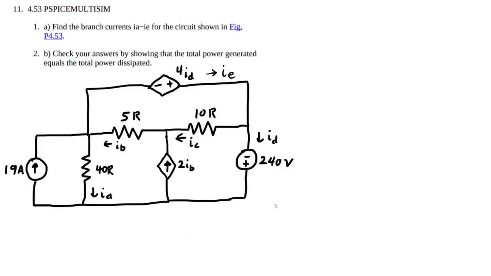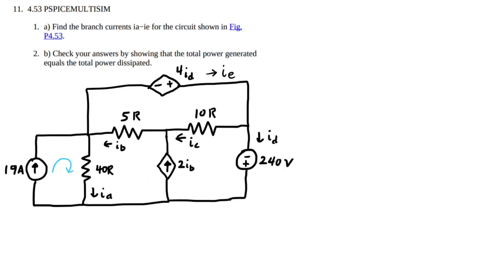For 4.53, the task is to find all the branch currents. That's this one, this one, this one, this one. And then after we find all those branch currents, we're going to ensure that the answers are right by checking to make sure that we have the same amount of power dissipated as we do supplied. So to do that, we're going to use mesh analysis.